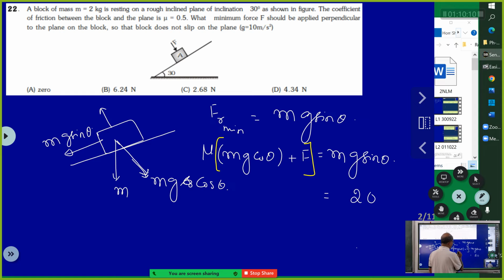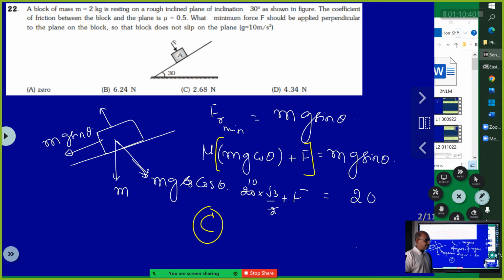The left side will be 2 into 10, 20 into cos theta, which is root 3 by 2, plus F. So this becomes 10 root 3, which is 17.3, so F should be approximately 2.6. So C is the option. So you should do quick calculation and save those precious seconds. That is also important.